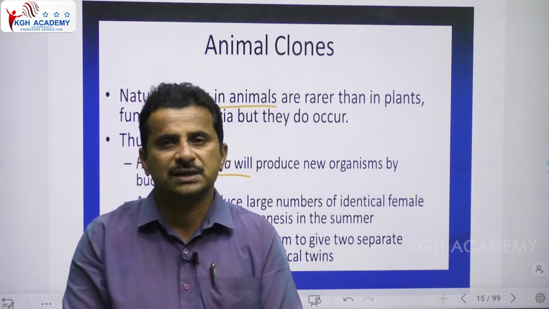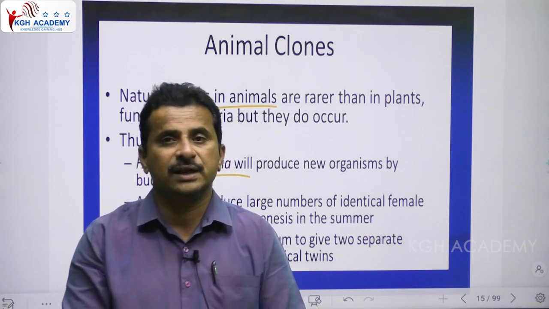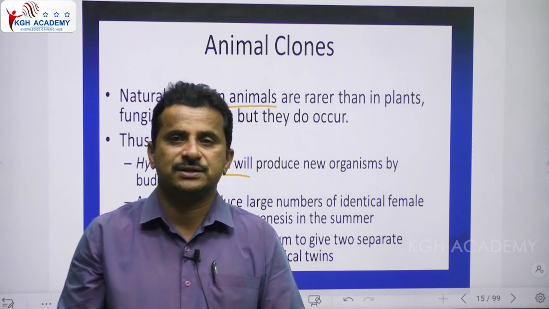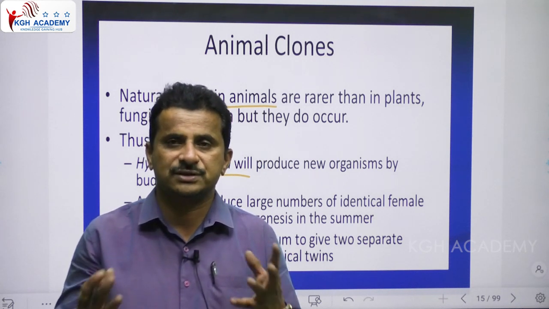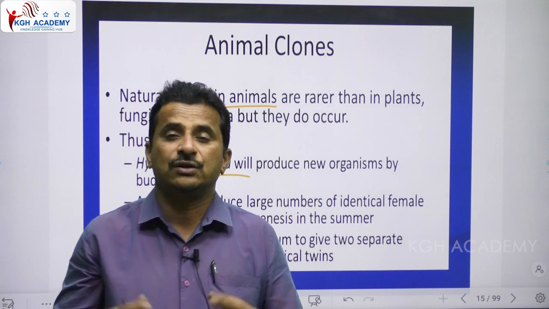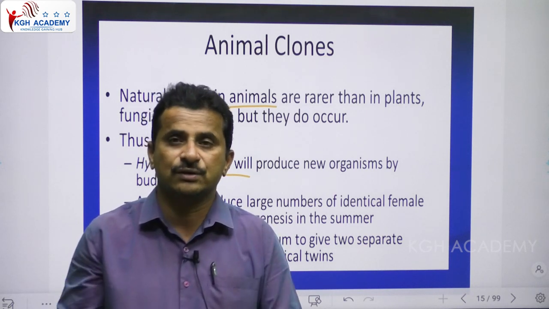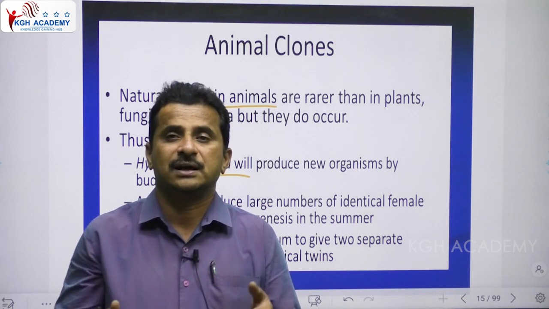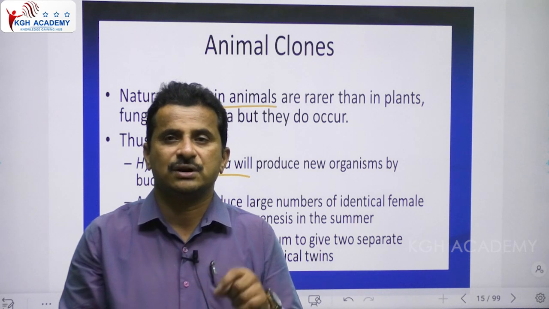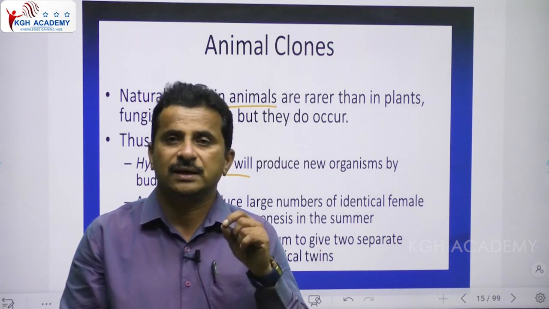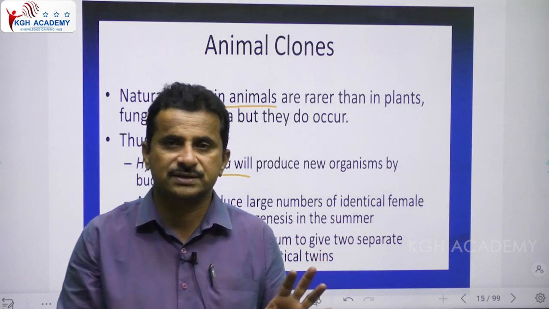Actually, asexual reproduction is not present in higher animals. Asexual reproduction is present only in lower animals. Asexual reproduction means without production of gametes, without fusion of gametes, without formation of zygotes, organisms develop directly. This type of reproduction is called asexual reproduction. In cloning, there is no formation of gametes and no fusion of gametes.